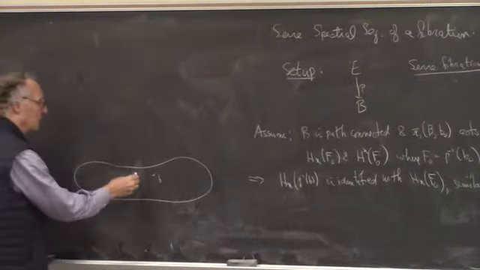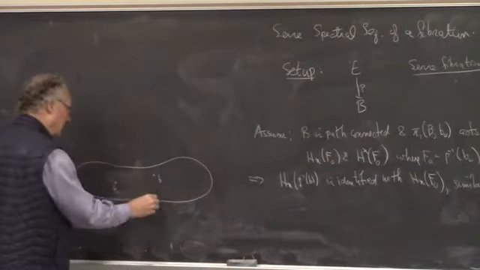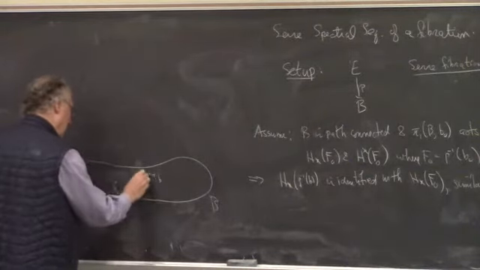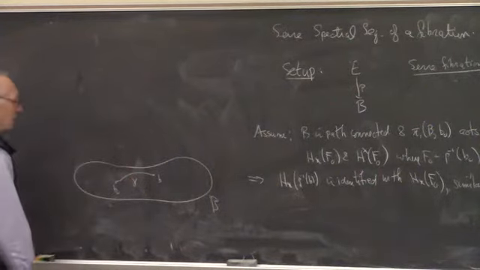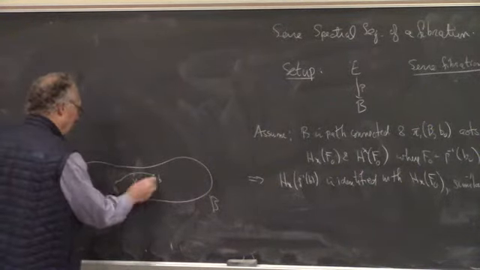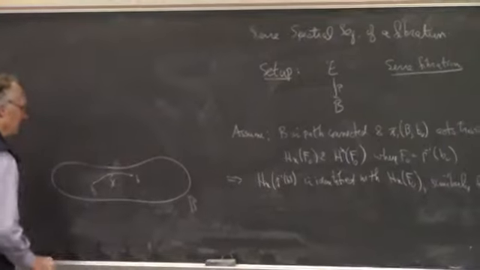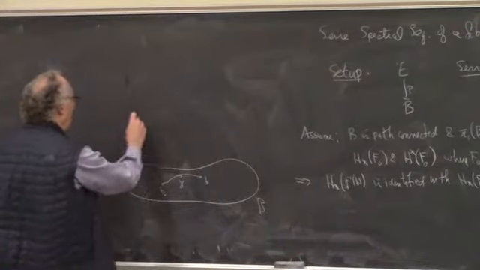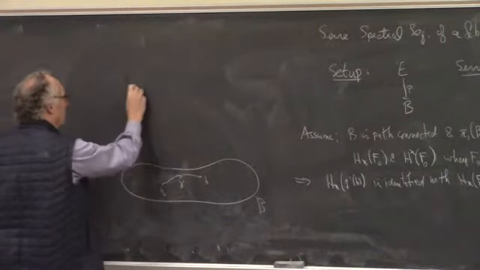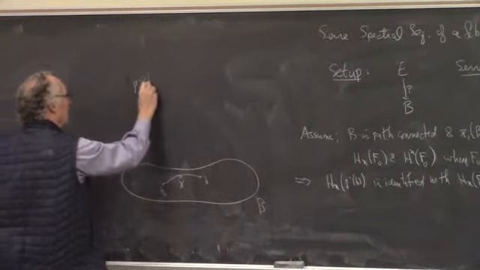The space is path connected, the base is path connected, so you simply take a path gamma from, let's say, b naught to b. And you look at, well, many ways to go. So let's look at p inverse of gamma.